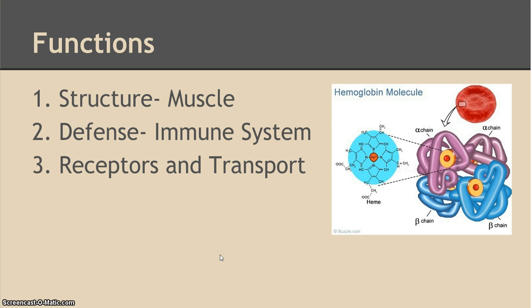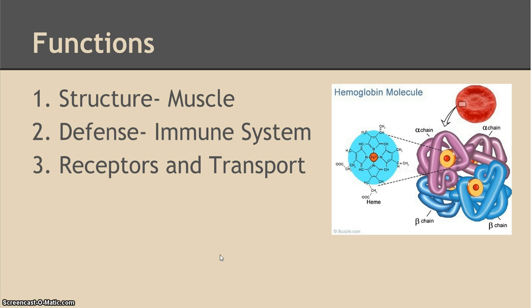We use those for defense against bacteria, viruses, anything that invades our bodies. And then we also use them for receptors and transport, cell-to-cell communication, transporting oxygen, transporting nutrients, anything we might need.